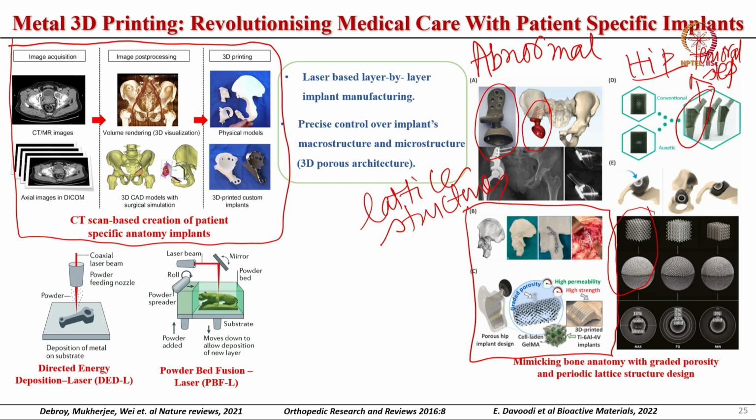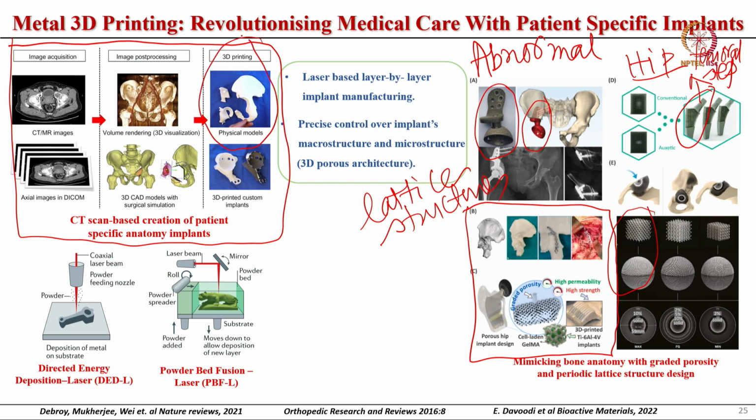I am going to discuss in a little bit more detail what the different computational platforms that can be used are. So, essentially you reconstruct the 3D CAD models based on the CT scan images of the patients. After that, you take this STL file, you send it to a 3D printer, either LPBF or DED, then you get the 3D printed physical model.